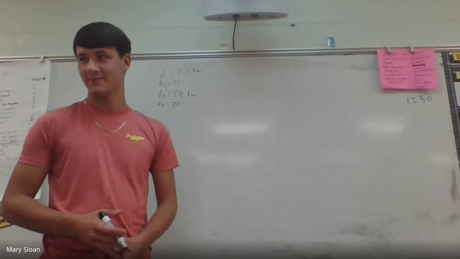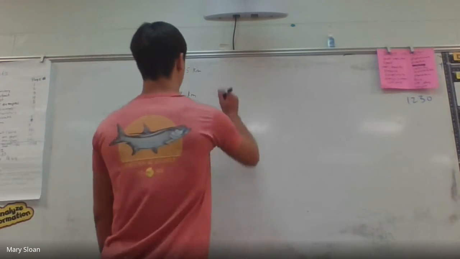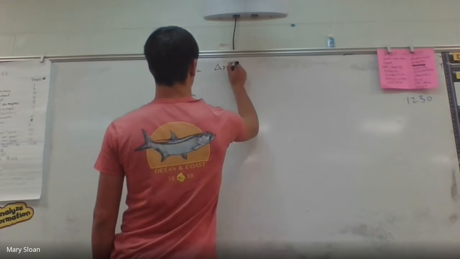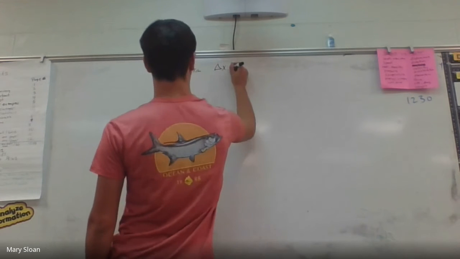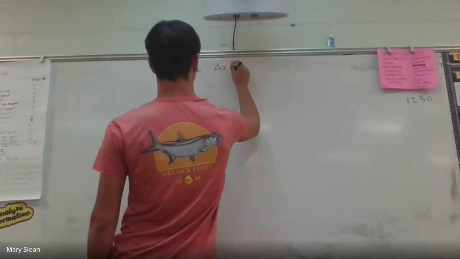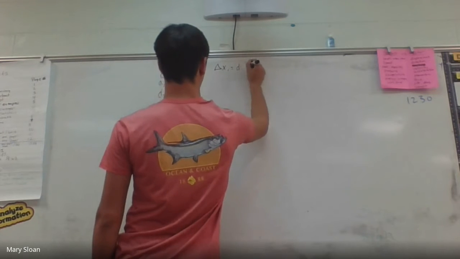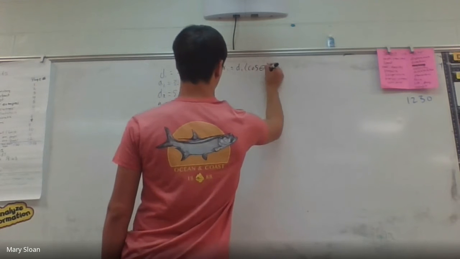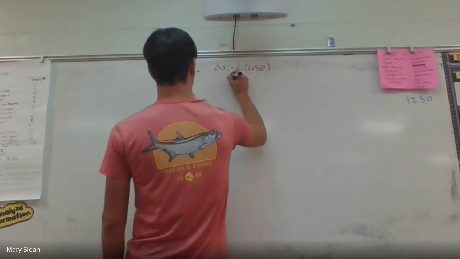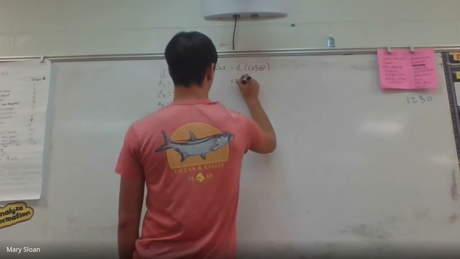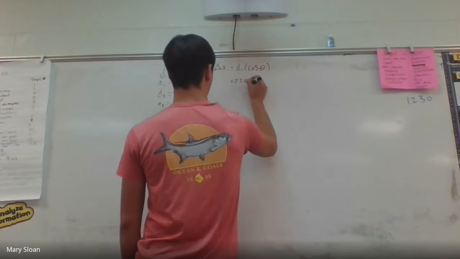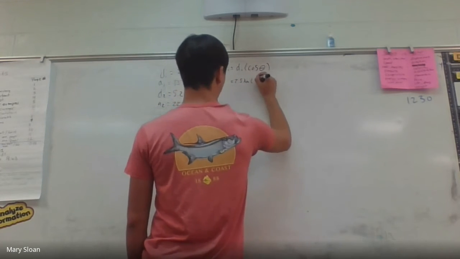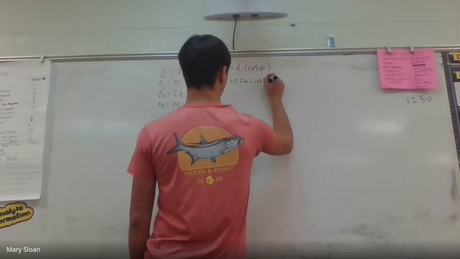So change in X is what we're going to look at first. Change in X1 is going to be D1 cosine angle. Okay, so it's 2.5 kilometers times cosine 35.